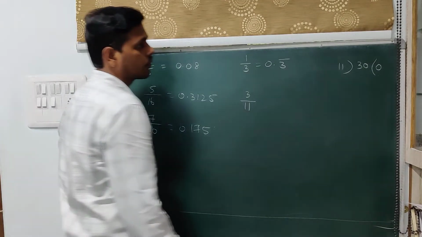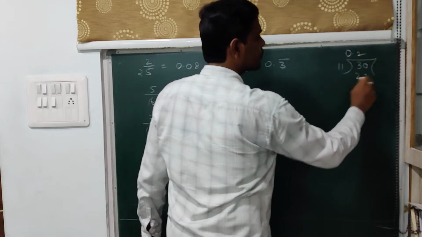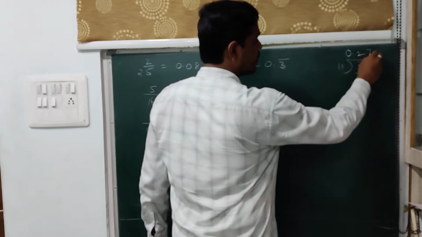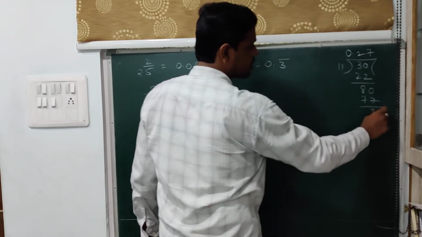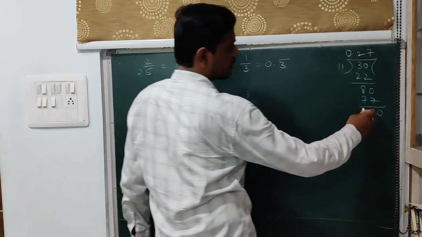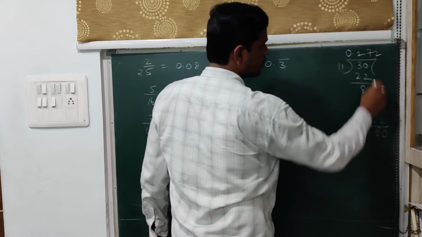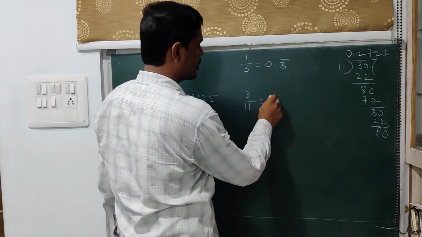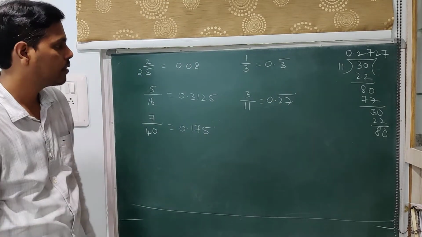You can take 0. 11 2s are 22. So we have 8 here. Point, you can take 0. 11 7s are 77. 3. Point is 0. So again 11 2s are 22. 80, 11 7s. So it means that 2727 is continuously repeating. 0.27 bar is what I can write.